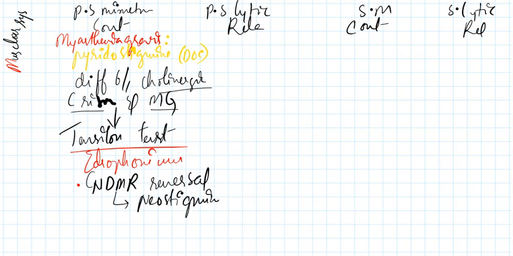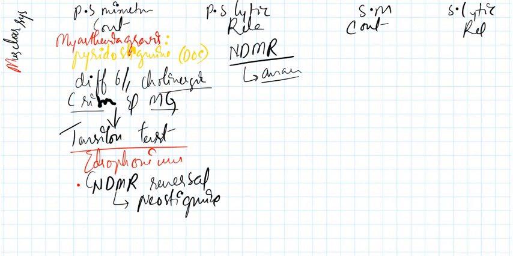Now in case of parasympatholytics, they are used for relaxation of the muscles. So these are used as NDMR, non-depolarizing muscle relaxants, during anesthesia.